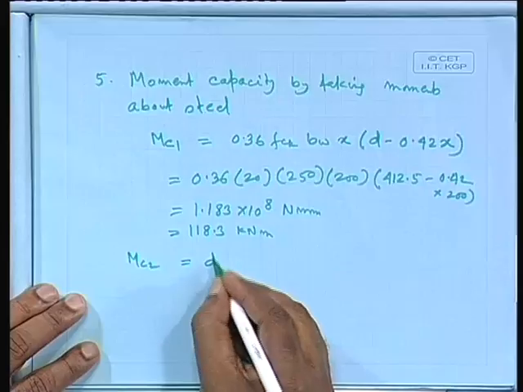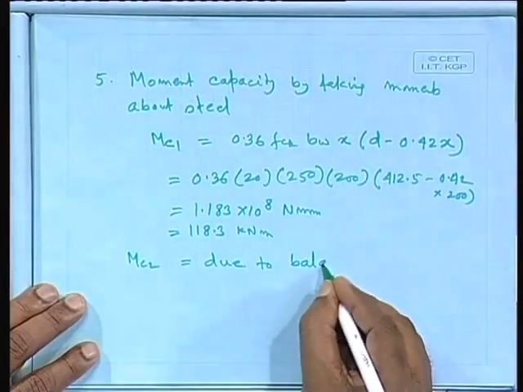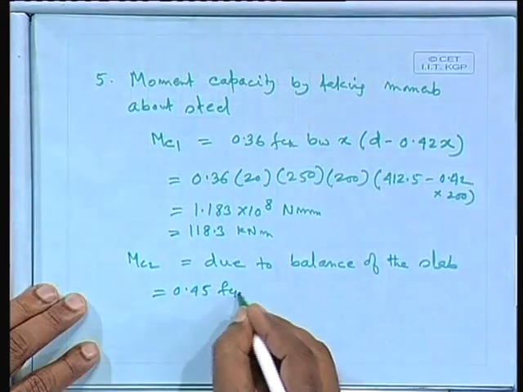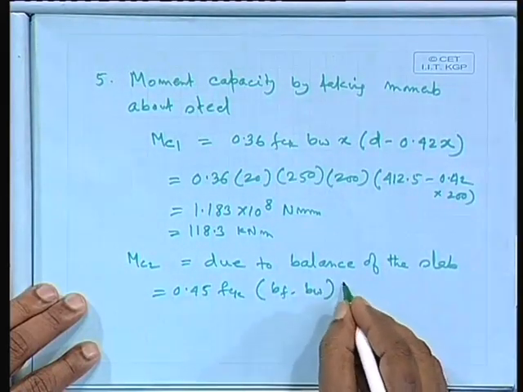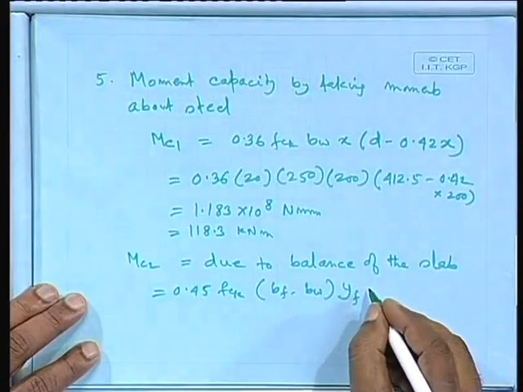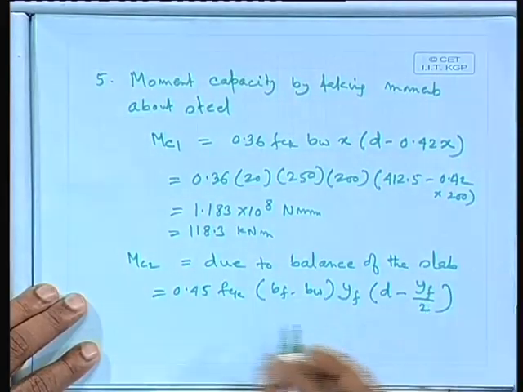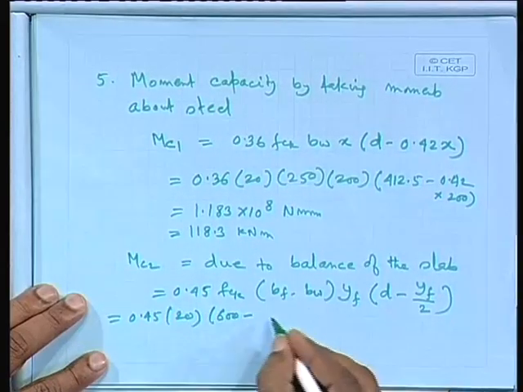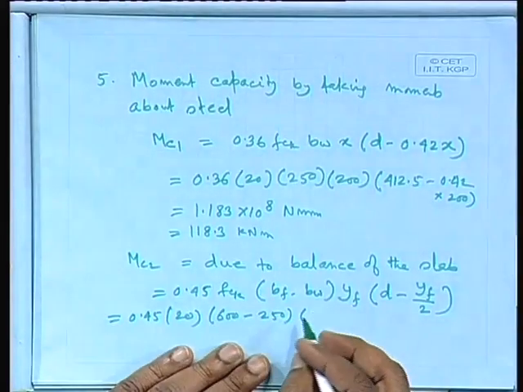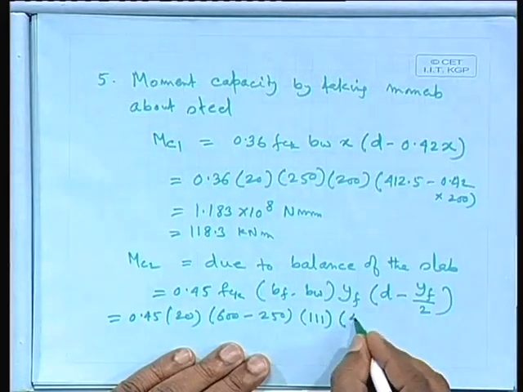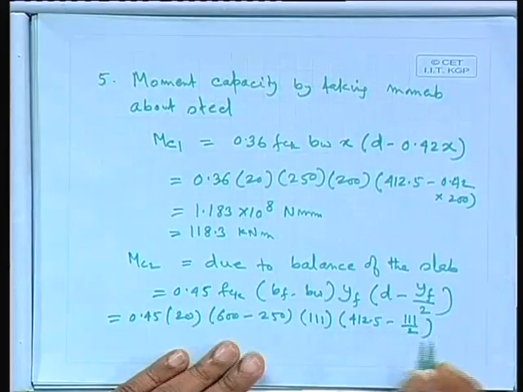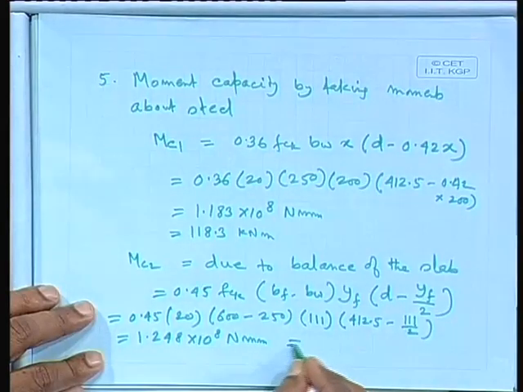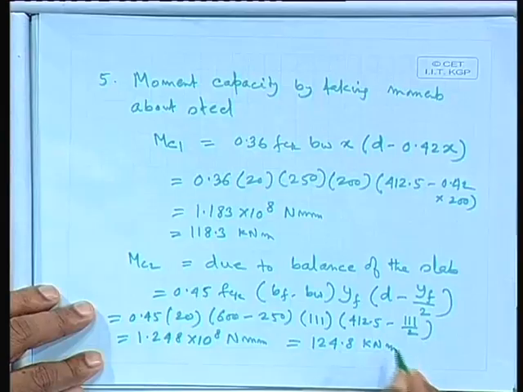MC2 equal to, this is due to the remaining part of the flange, equals 0.45 FCK times BF minus BW times YF, not DF, YF because it is not uniformly stressed, times d minus YF by 2, which comes as 0.45 times 20 times 600 minus 250 times 111 times 412.5 minus 111 by 2 equals 1.248 into 10 to the power 8 Newton millimeter, equals 124.8 kilonewton meter.